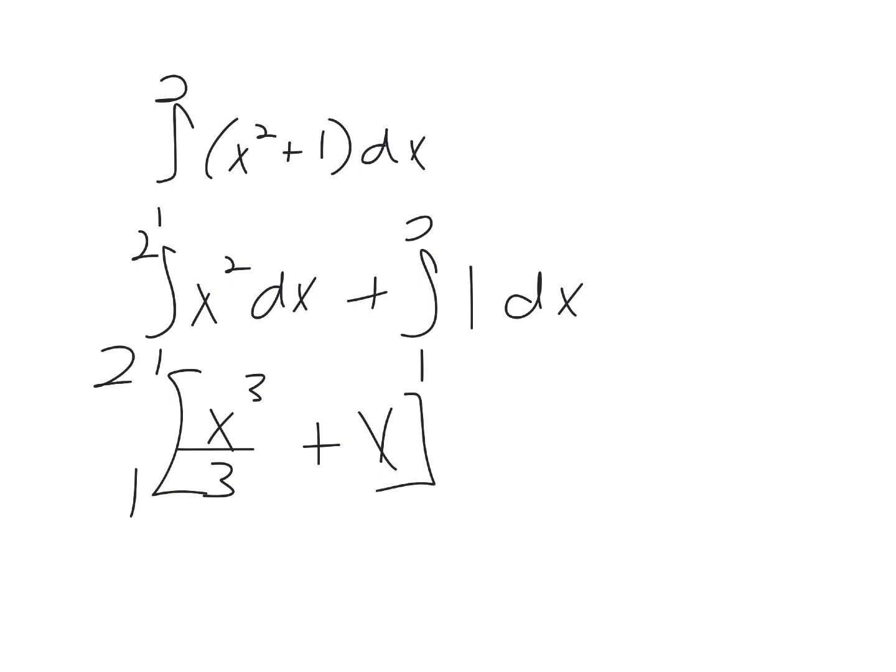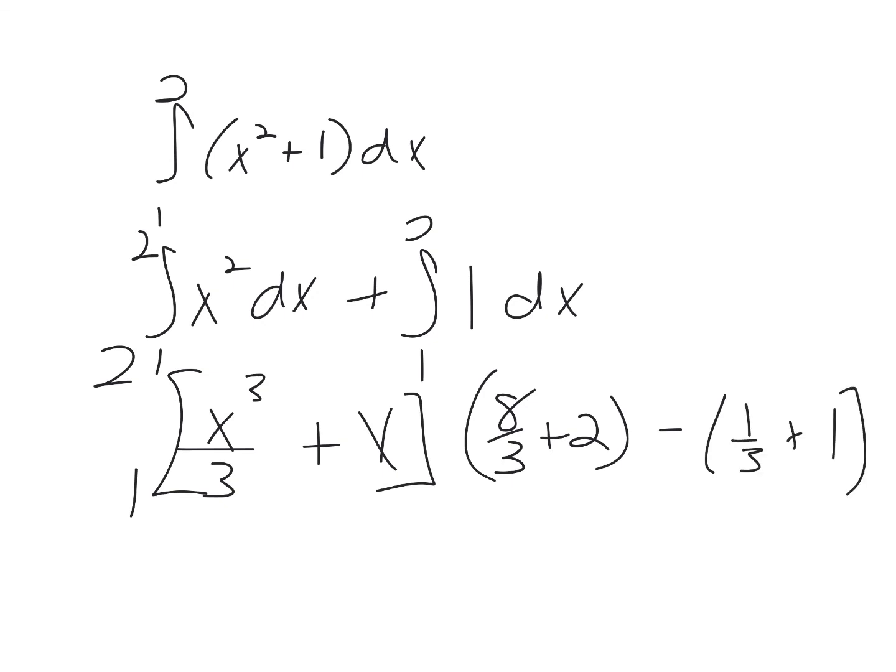We put 2 in. 2 to the third power is 8, so 8 over 3 plus 2, minus 1 cubed is 1, so 1 over 3 plus 1. That's going to get us 14 over 3 minus 4 over 3, which is equal to 10 over 3.